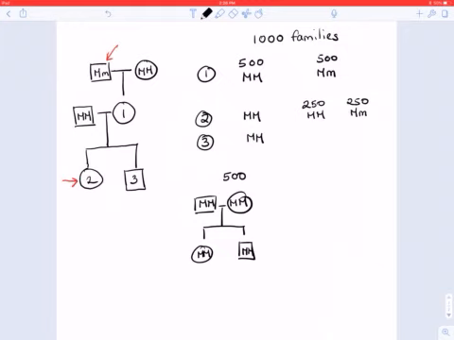And then since individual 2 and 3 are independent, if we look at individual 3, then if the first kid was capital M, capital M, half the time the second kid's going to be capital M, capital M, that's 125 times. The second kid here could be capital M, small m, that'll happen in 125 families. If the first kid is capital M, small m, the second kid can be capital M, capital M, also 125 times. And similarly, they can both be capital M, small m.